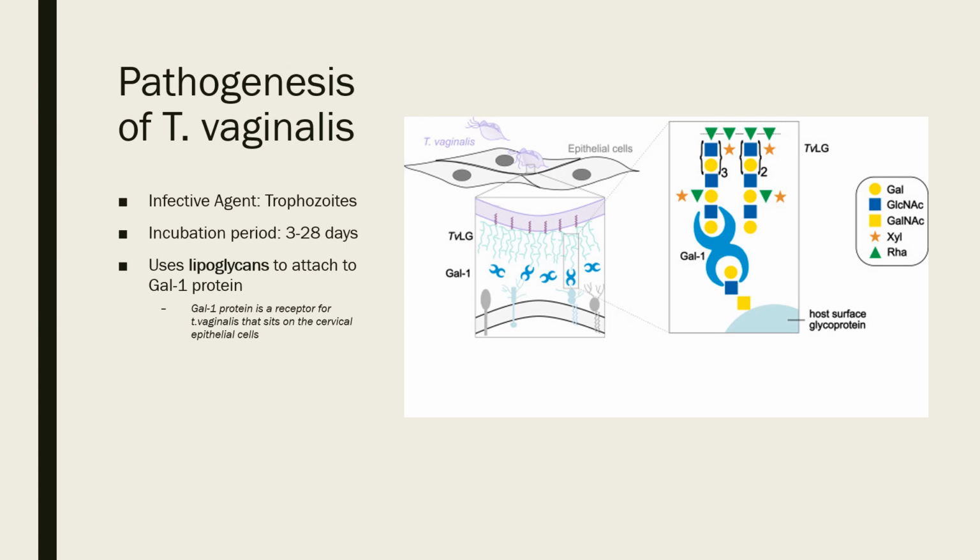So the T. vaginalis attached to the epithelial cells of the urogenital tract, which is mediated by the interaction between the glycan domain of the TV lipoglycan and the GAL1. So the GAL1 is acting as the bridge between the host cell and the parasite surfaces as it's attaching, which is what is being shown in this picture here.